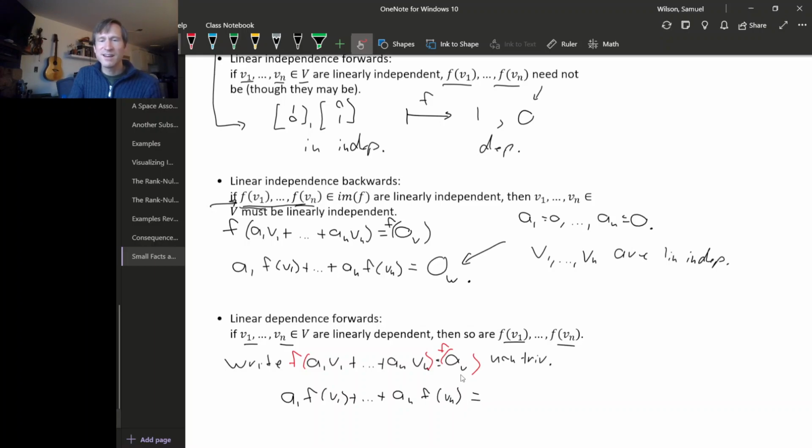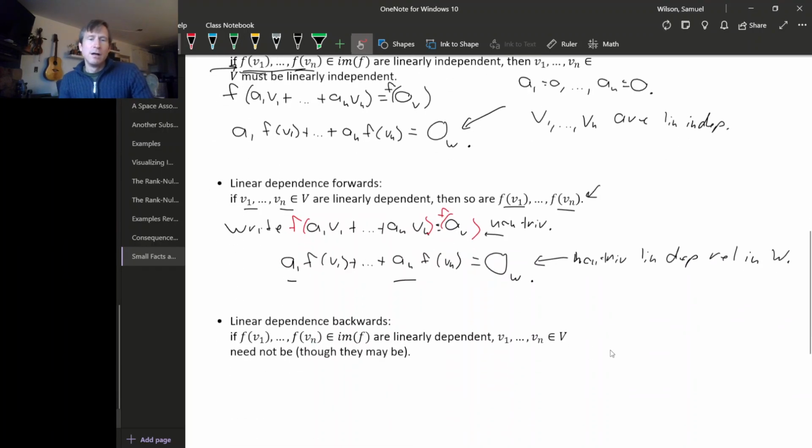And on the right-hand side, f of the 0 vector in V is the 0 vector in W. And here we have a non-trivial linear dependence relationship in W. We know it's non-trivial because we said at the beginning one of these coefficients up here was non-zero, so one of these is non-zero. So that means that the images are linearly dependent.